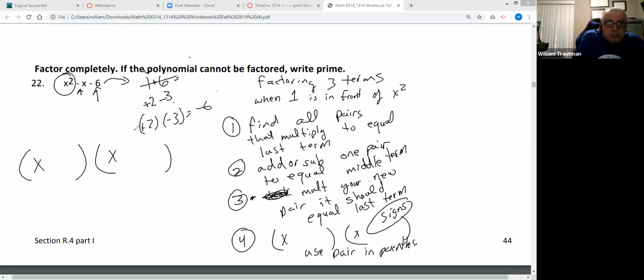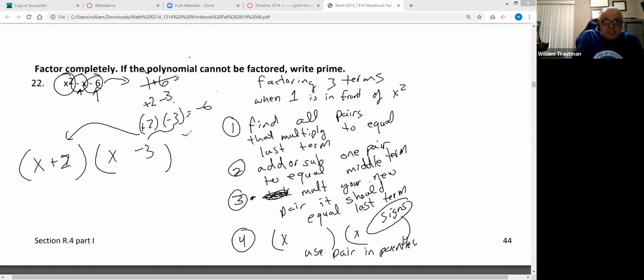In other words, this one's going to be a +2. This one's going to be a -3. Now, if you want to put the -3 first, that's fine. But the 3 has to be a minus and the 2 has to be a plus, because that's how we got a -1 when we added them and multiplied them to get a -6.